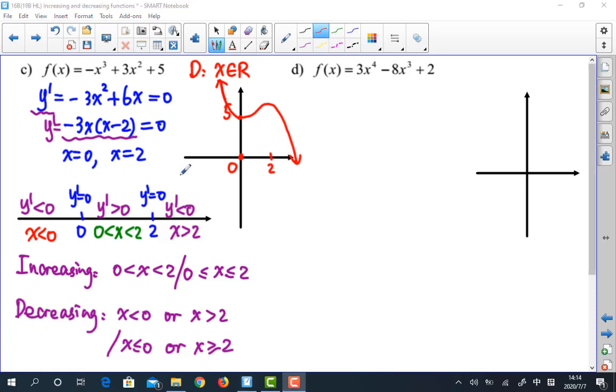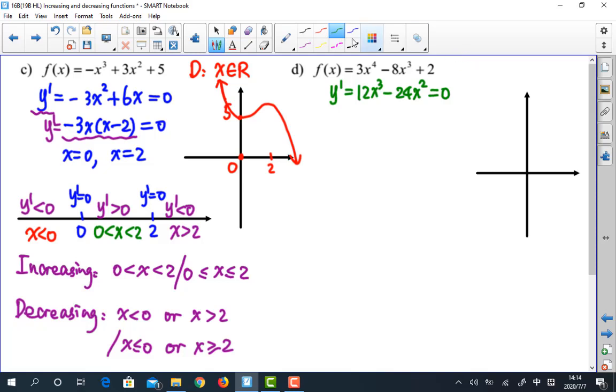Let's apply the same process to determine the increasing or decreasing interval for this quartic function in D, and then sketch its rough trend based on the increasing and decreasing intervals. So let's find y prime first. Should be 12x cubed minus 24x squared. Let this y prime be 0.